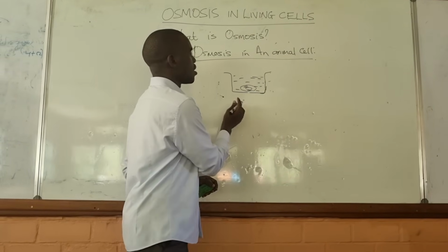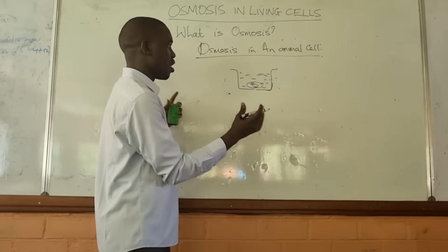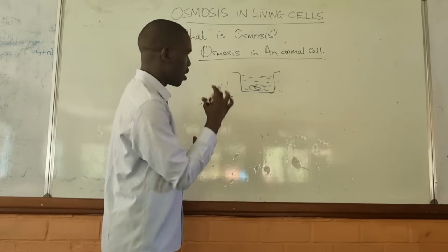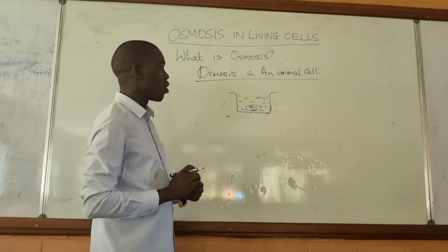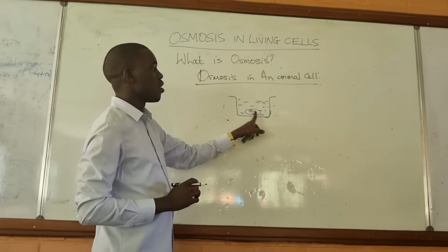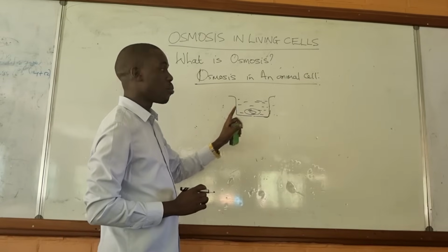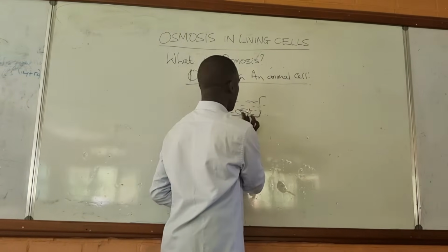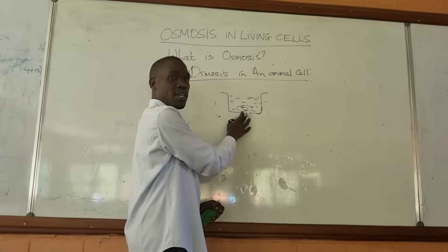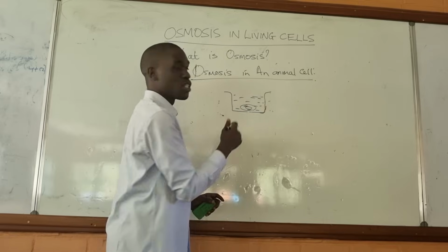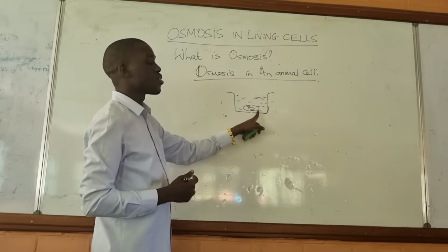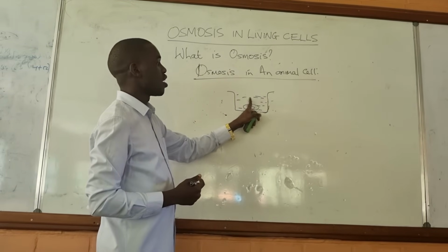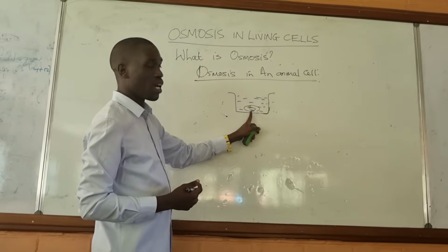Then the intake of water molecules is going to make the animal cell burst. After a short while we expect the animal cell to burst because its membrane does not resist the pressure that builds up inside the animal cell.